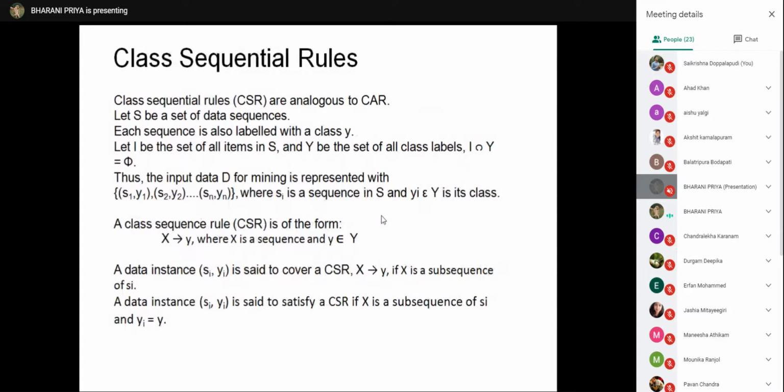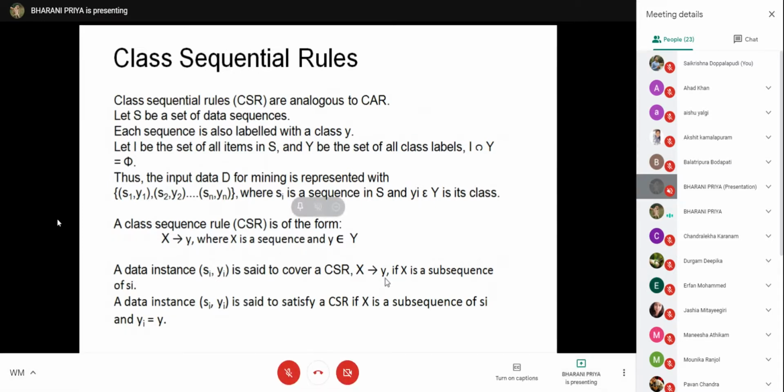Class sequence rule, similar to your CAR. Here the sequence contains a class label and it is of the form sequence, comma, class label, where X associates Y, where X contains the sequence and Y is a class label.